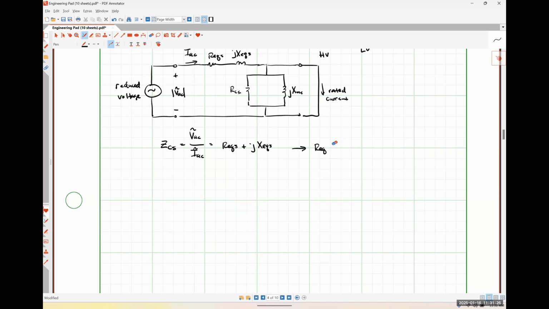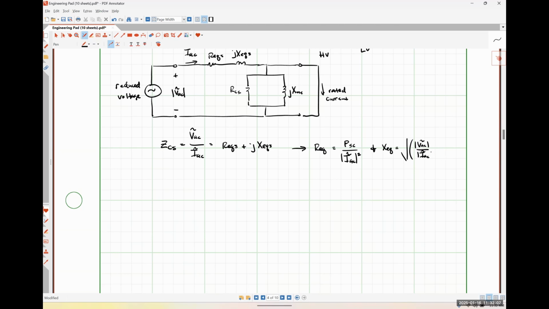REQ is going to be the short circuit power. Sorry, my handwriting in my notes is so small. I keep reading that as an A when it's supposed to be a C. So PSC over the magnitude of our AC current squared. And XEQ is going to be the square root of the magnitude of our voltage divided by the magnitude of our current.